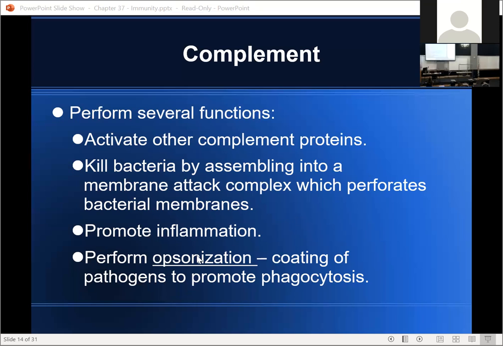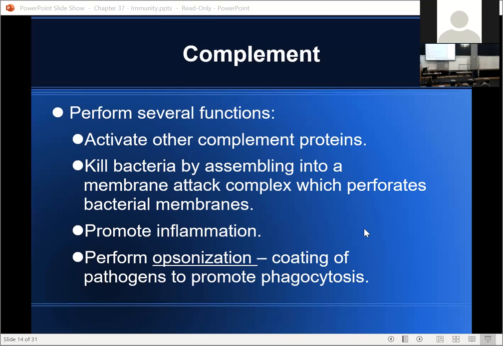Fourth, this is the word I was searching around for on Friday. I couldn't quite find it. I don't know why I had a little brain fart on that. But they perform something called opsonization. Opsonization is coating of pathogens to promote phagocytosis.